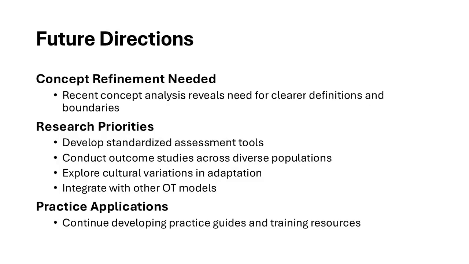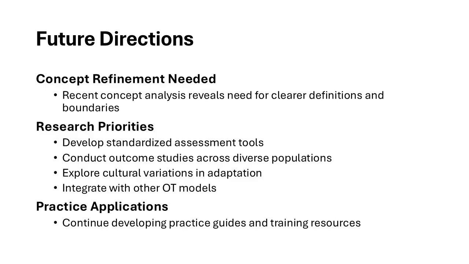Well, continued refinement, mainly. Things like clearer definitions for some concepts, maybe more standardized assessment tools, but tools that are culturally sensitive, that can actually measure mastery and capacity across diverse groups. More research needed there. Definitely. More outcome studies looking specifically at those cultural variations, and ongoing development of practice guidelines to help therapists apply those 5 elements with the kind of nuance we've been talking about. It's a living theory, still growing.